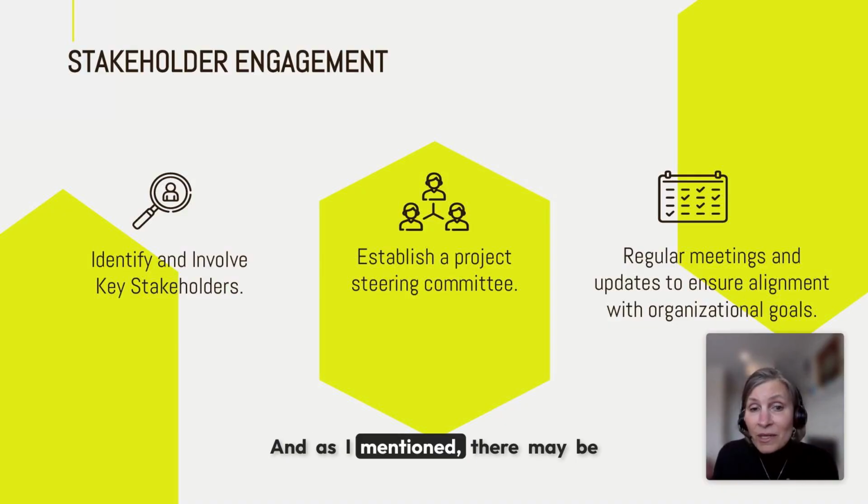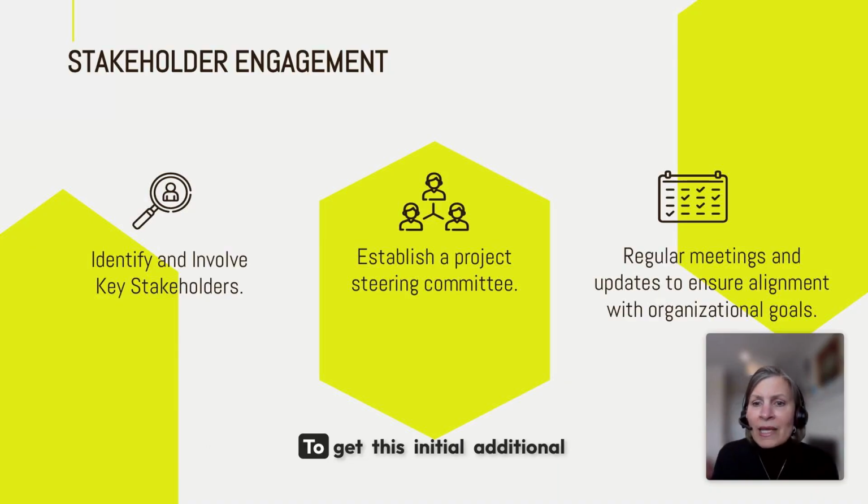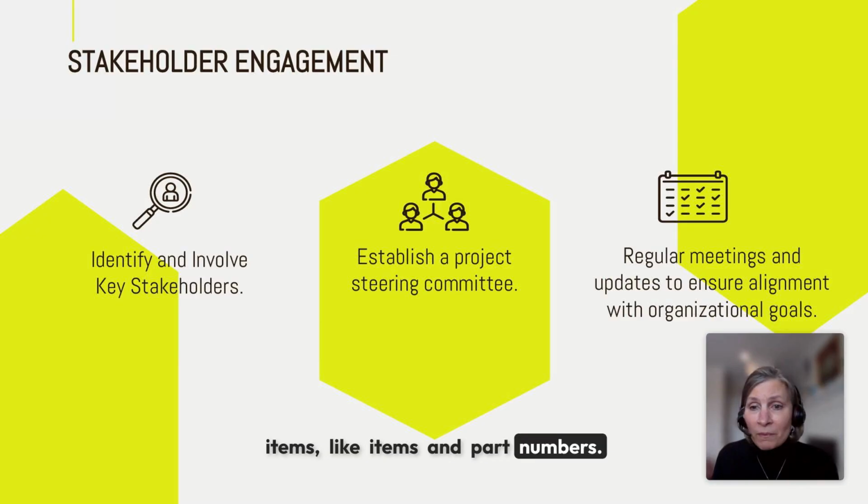And as I mentioned, there may be process changes that will be required. In the previous example, the company never had a good inventory tracking system, and so that's why they were implementing a new tool. To get this additional data into the system required extra steps, and it required them to keep track of all kinds of items, like items and part numbers.